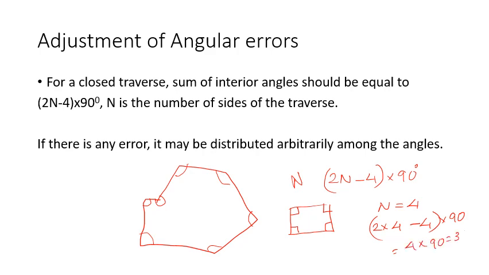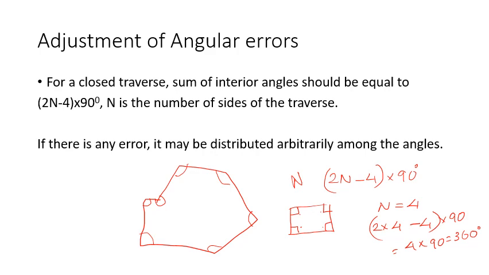That is 360 degree. That is equal to the total included angle. So 90 plus 90 plus 90 plus 90, that is 360. So for a four-sided polygon, you should have the sum of the angles as 360 degree. If it is a three-sided polygon, it should be 180 degree, like that.